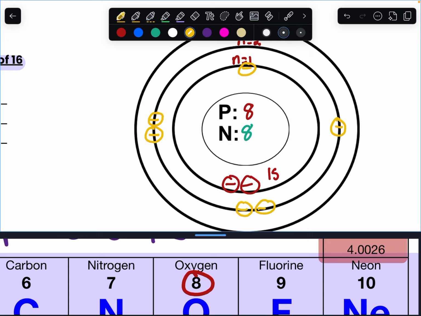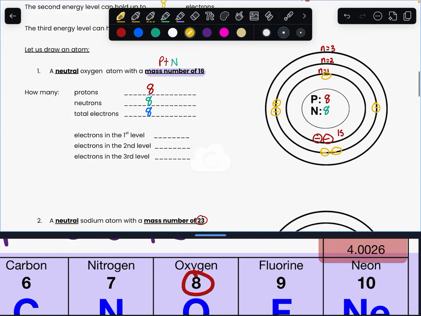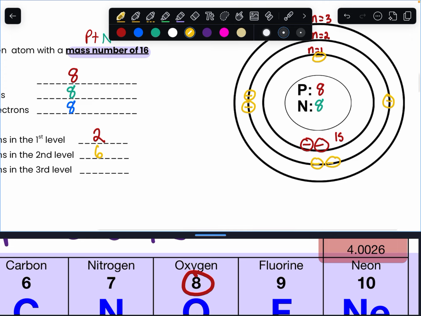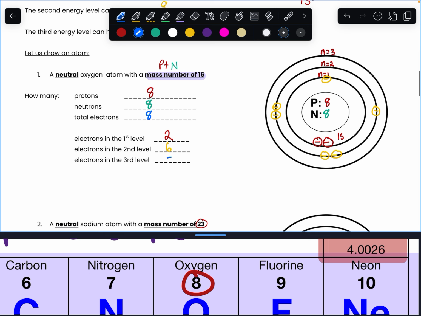For the others, you want to put them as singles first and then double them up once you exceed the maximum. So we have 2 electrons in the first energy level and 6 electrons in the second energy level, if we count up all those electrons.